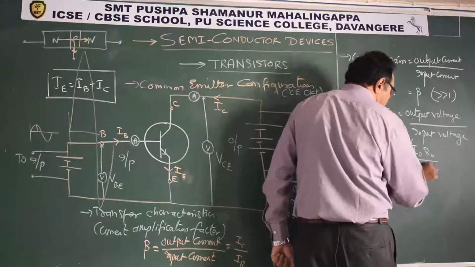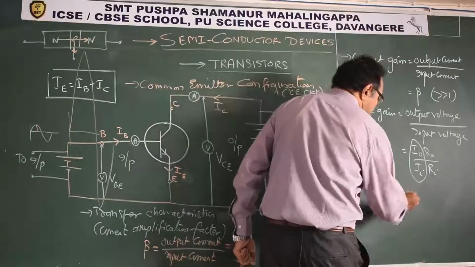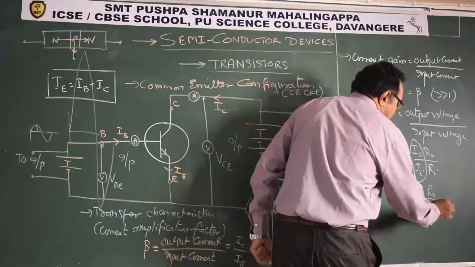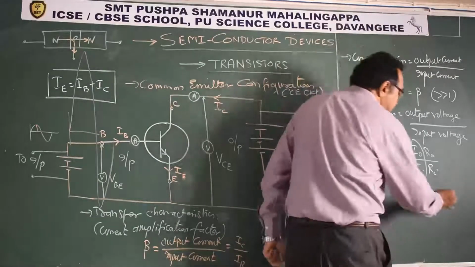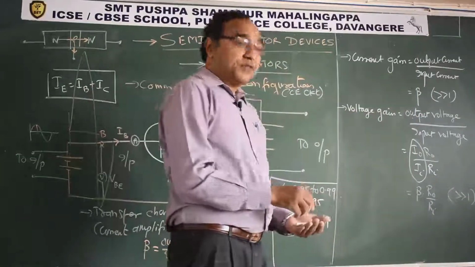Output current by input current is said to be beta. So this is beta times output resistance by input resistance. We know beta is greater than 1, so this is also very much greater than 1. So there is voltage gain.